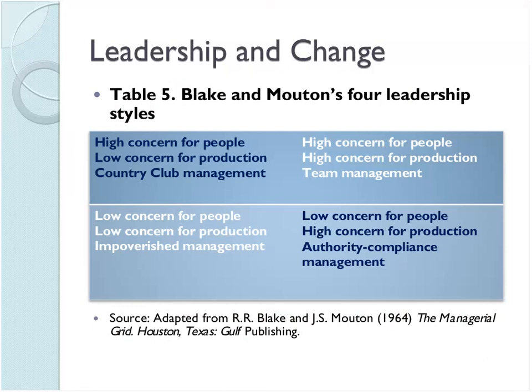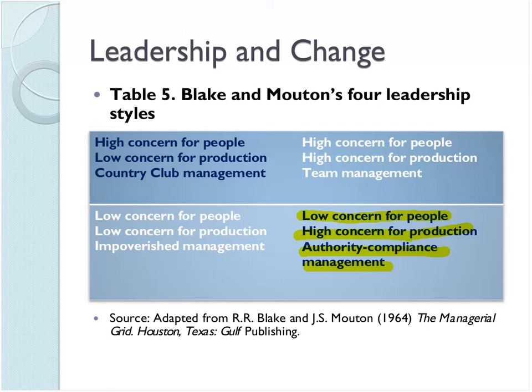The first is authority compliance management. These are leaders with low concern about the people in the organization, which means they have low concern about the employees, but high concern about production, about the business itself. So we call it the authority compliance management style.